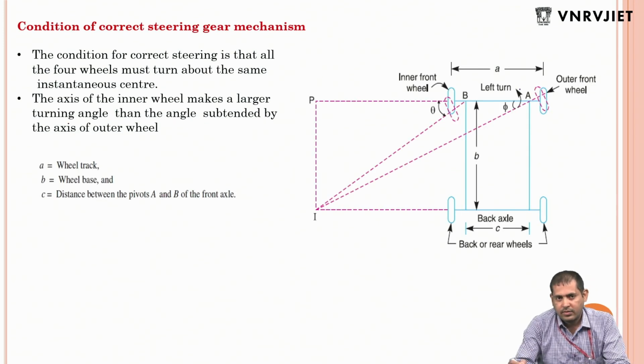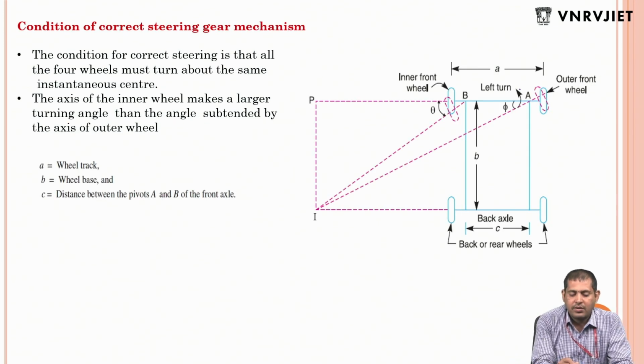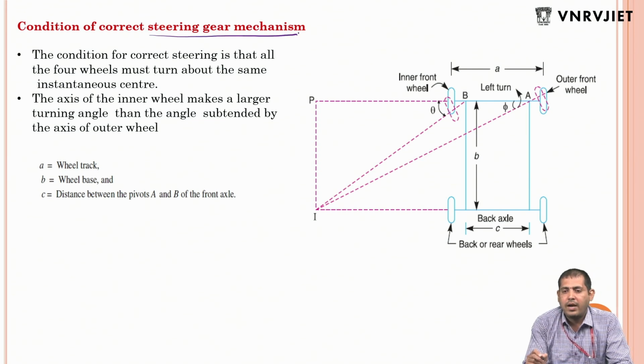So here, the condition of correct steering gear mechanism. This is mandatory while designing our vehicle. If it is not satisfied, definitely there will be higher wear, and in some cases tire burst will also happen. So here let us know what the correct steering gear condition is.